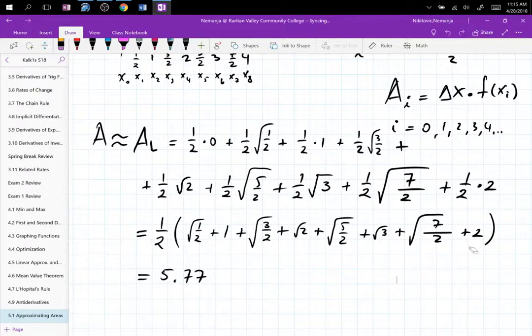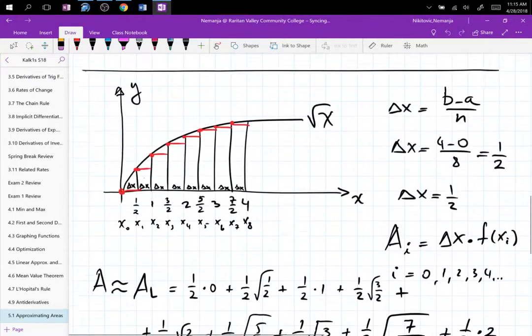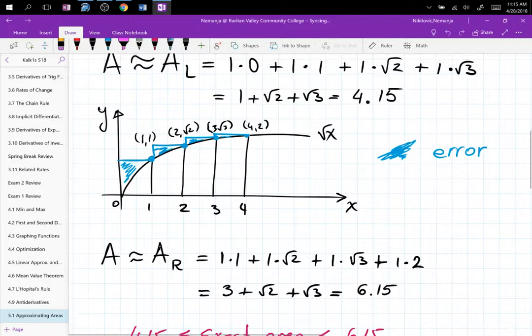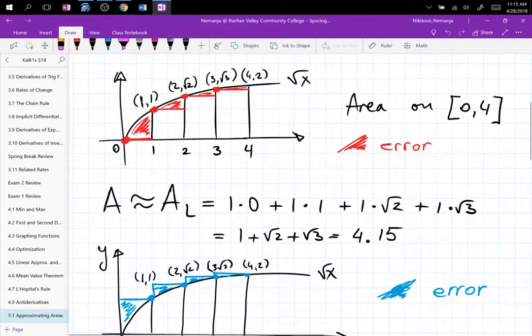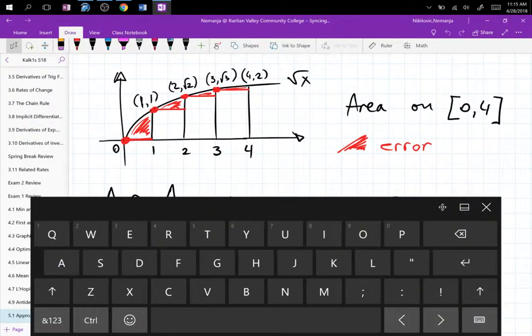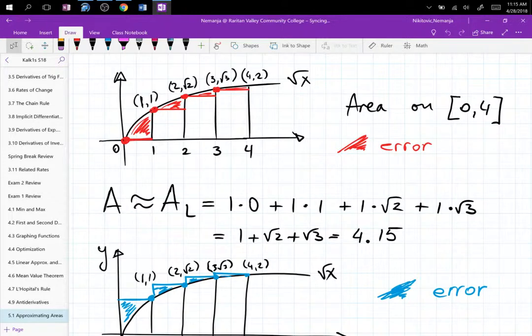For now, it's important just to understand that you can take a curve, which is not one of the regular shapes, and put some number of rectangles. It doesn't matter how many. You can put 6 rectangles, you can put 9 rectangles, you can put 10, whatever.